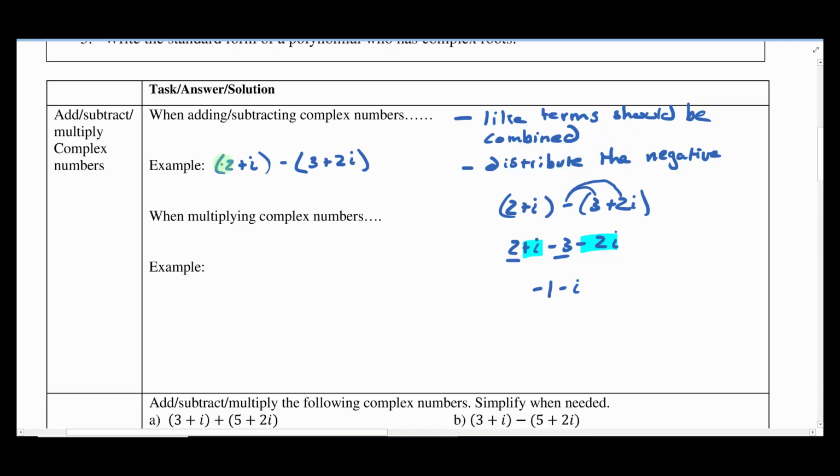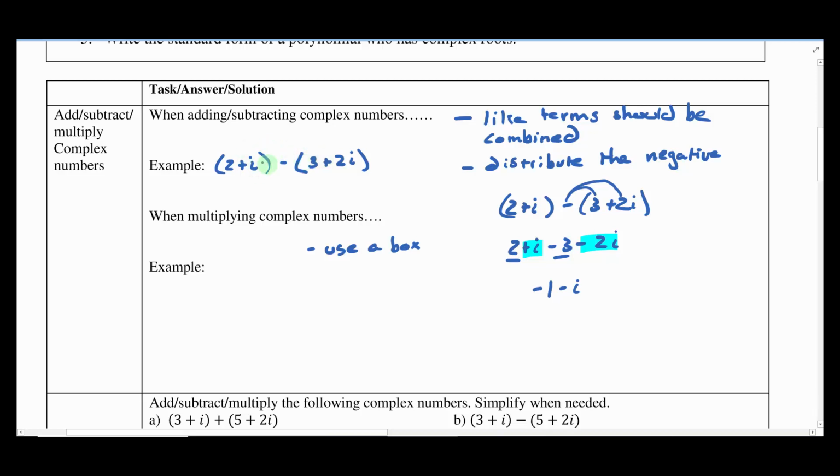Okay, let's talk about multiplying complex numbers and some of the things you want to remember when you multiply complex numbers. First, use a box. We've talked about multiplying things before using the box method with lattice multiplication. Use a box. It's going to help you keep things in order and organized, because when we multiply complex numbers like this, these are binomials.